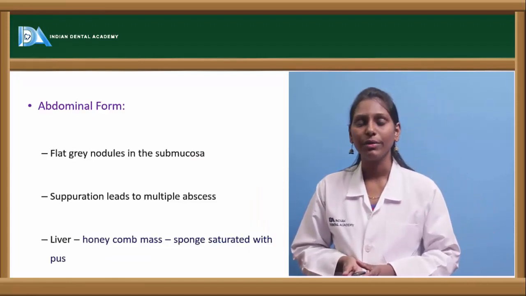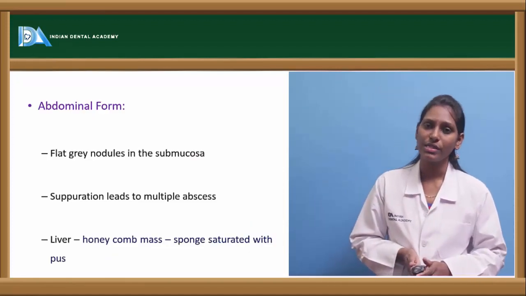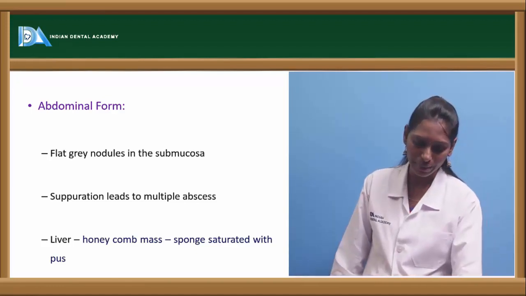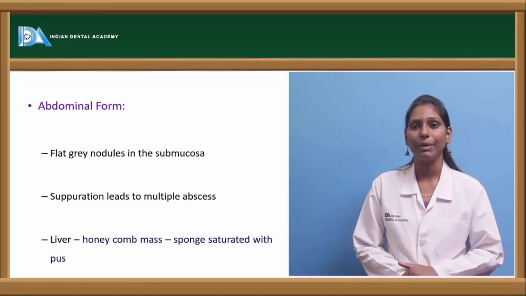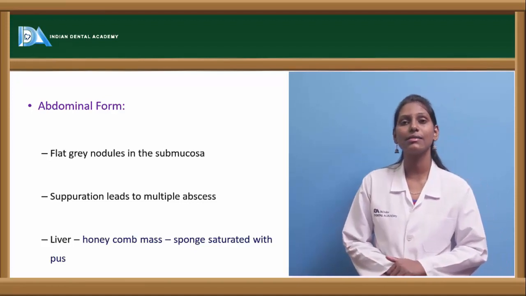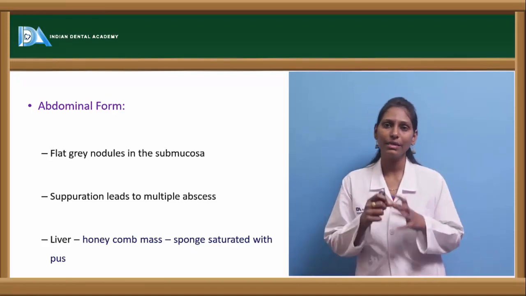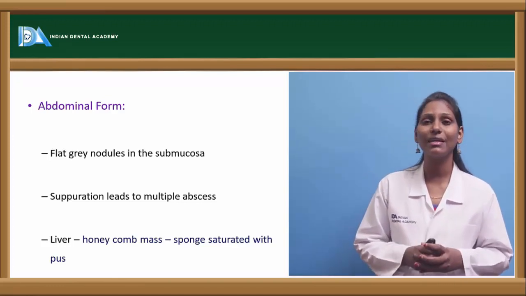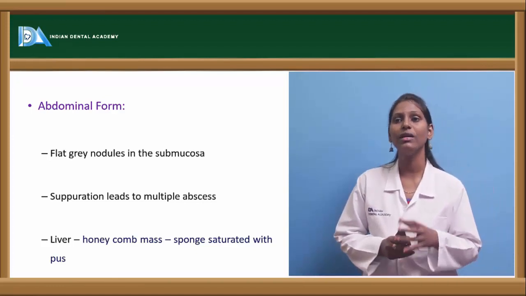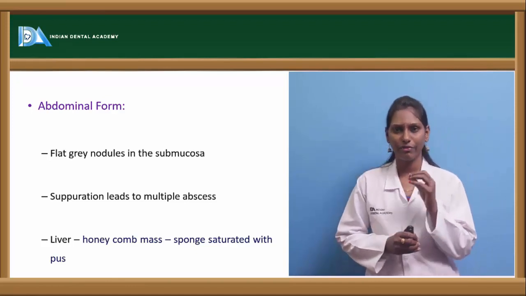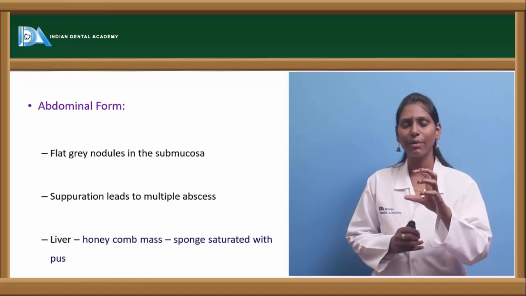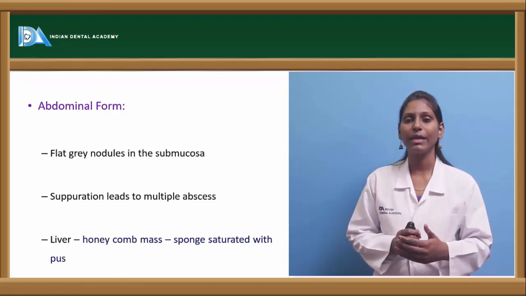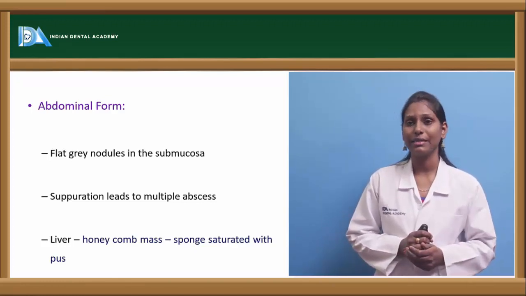Now coming to the abdominal or gastrointestinal form of actinomycosis, most commonly it involves your cecum or appendix. In this form we have characteristic flat grey nodules within the submucosa, which turn into firm structures in due course of time, and then appear like malignancies.